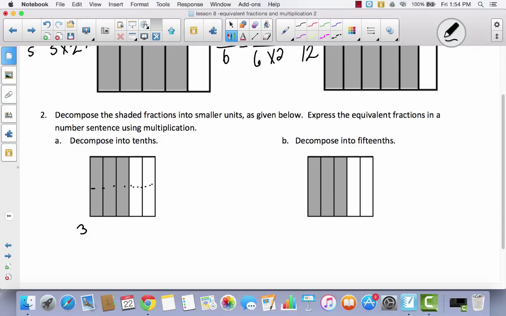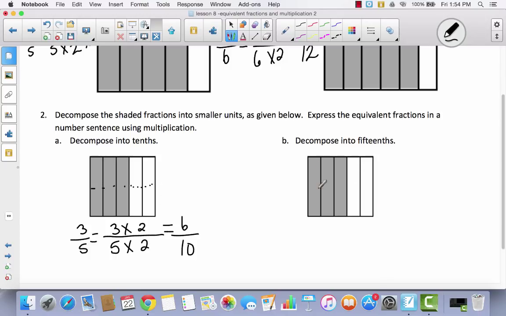So I began with 3/5, and I took the numerator and the denominator, and because I doubled the number of parts, I'm going to multiply both of these by 2, and that gives me 6 out of 10, and I can go back and count 1, 2, 3, 4, 5, 6 out of 7, 8, 9, 10. So I had 6 out of 10.